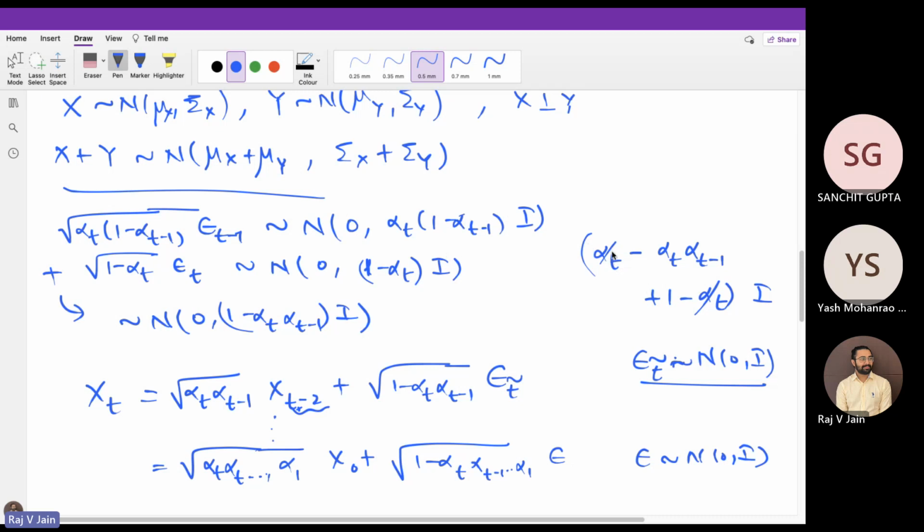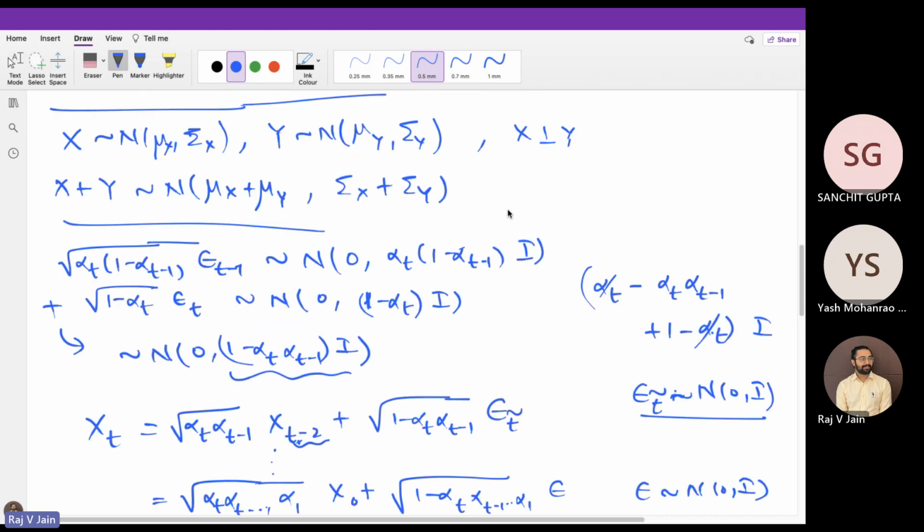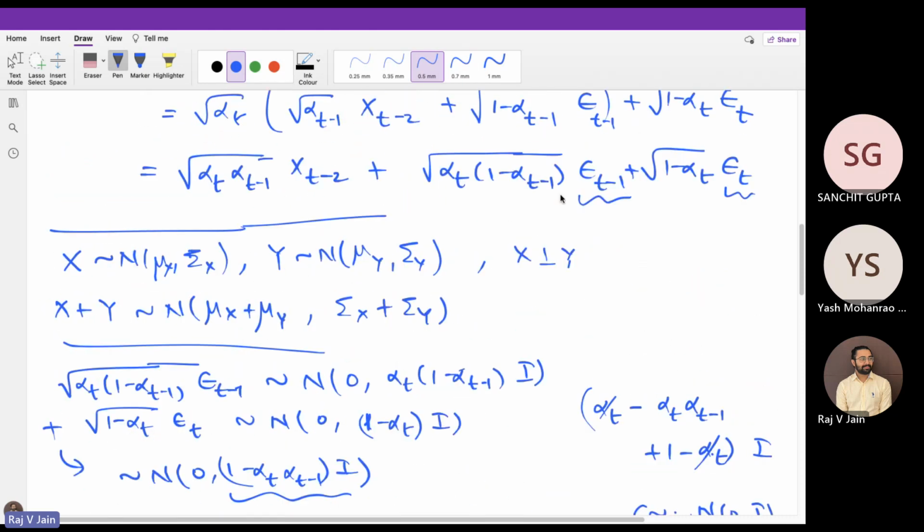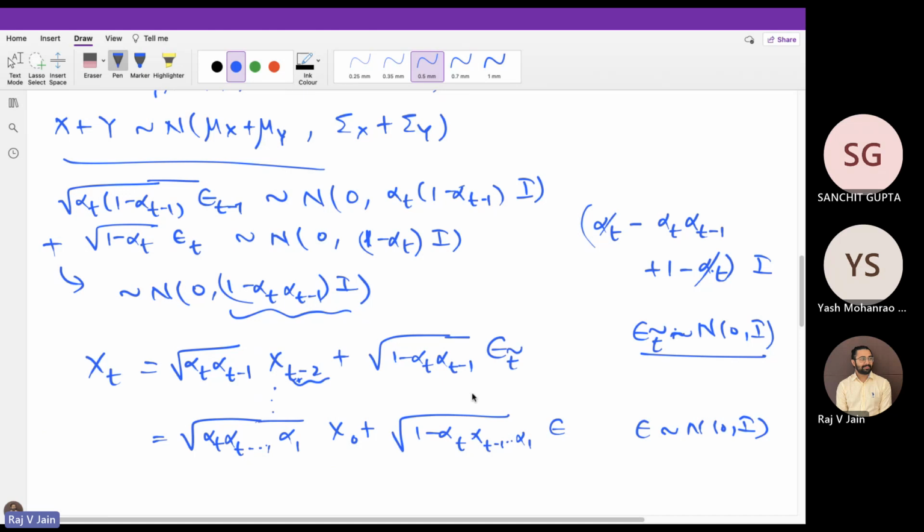These two terms get cancelled, so the final variance comes out to be 1 minus alpha t into alpha t minus 1 into I. That is the mean from previous, and these two random variables get added up into this particular random variable, which again comes from a Gaussian distribution. So if we continue this process, we'll get something like this.